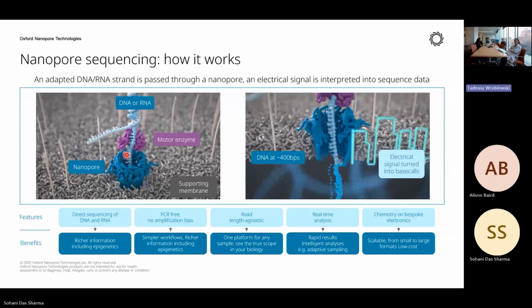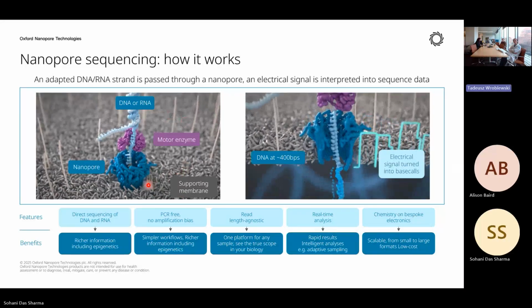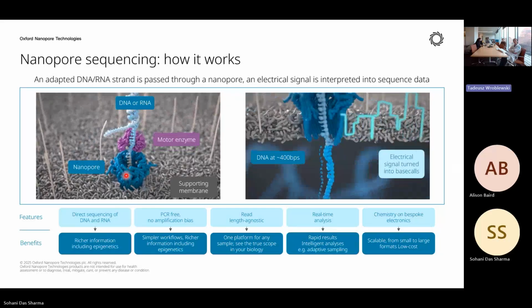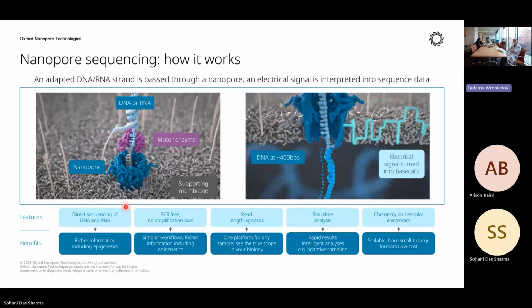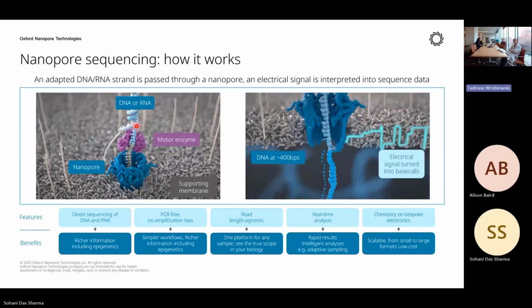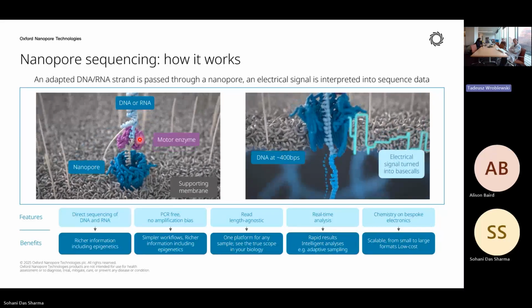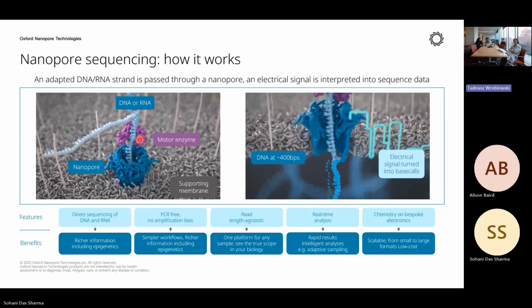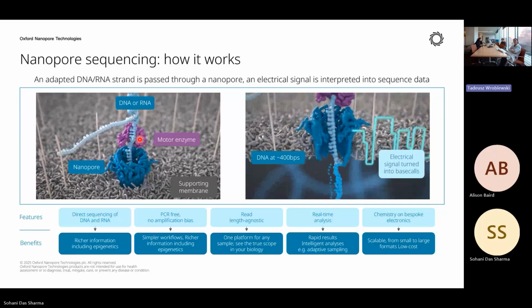This blue part is the nanopore, which is embedded in this gray lipid membrane. DNA or RNA passes through the pore due to a difference in electrical potential, and the movement is controlled by this motor enzyme. For nanopore, it does not matter what type of library you are preparing; the addition of the motor enzyme is basically the library prep.